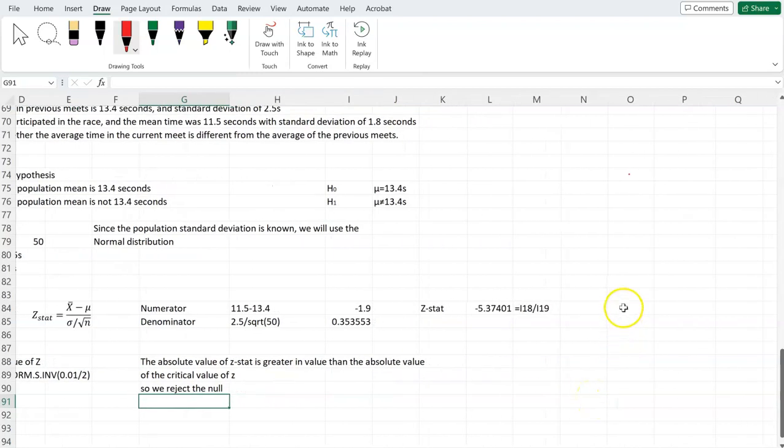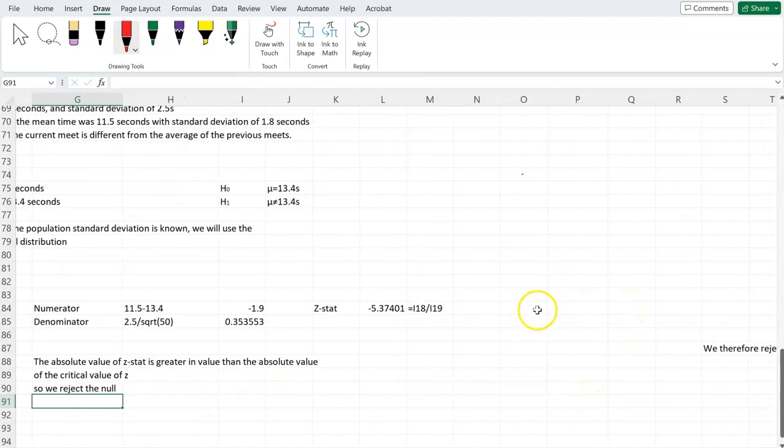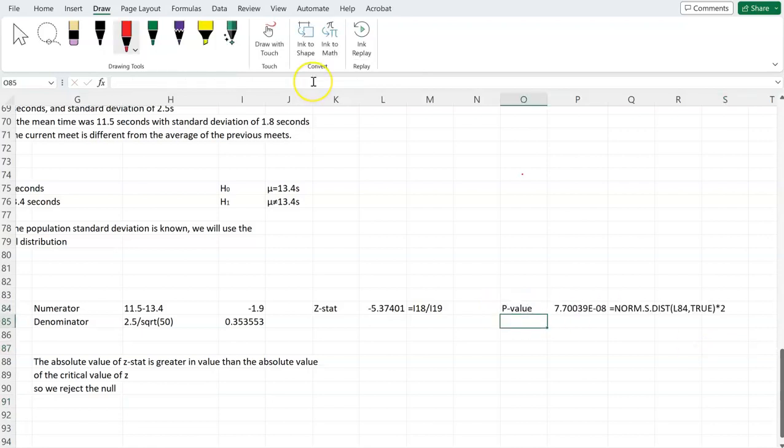We can also do the same calculation by using p-values. So this is my p-value. Now I will compare the p-value to the value of alpha, which for this question is 1%. So the p-value is less than alpha, so we reject the null.